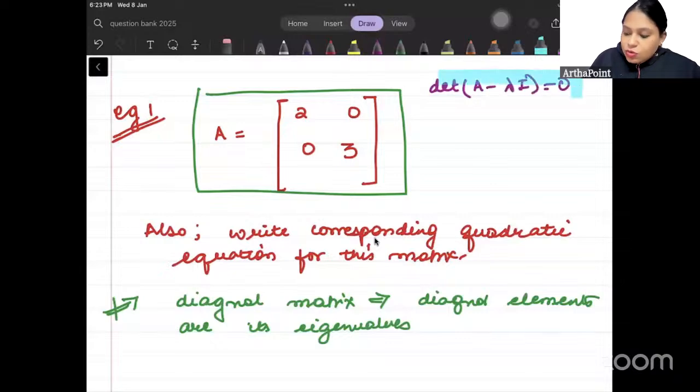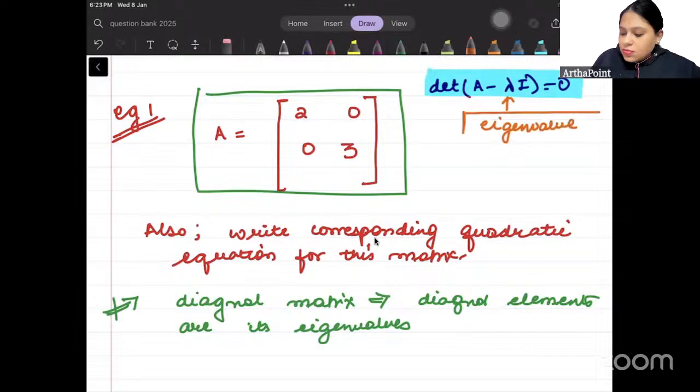I will do one more question, इससे clear हो जाए. The lambda that solves this is called as eigenvalue, है ना?